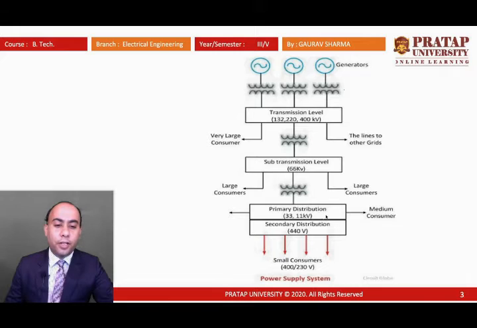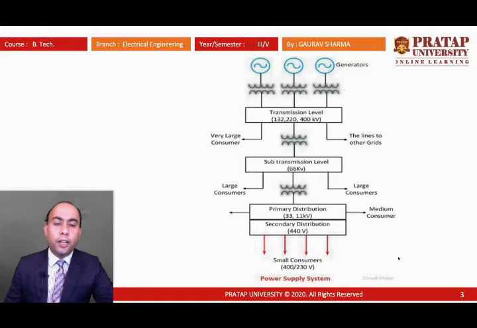At 33 kV we are sending directly to the mid-sized consumers, and the 11 kV we are again stepping down to 440 volt, which we are giving to our distribution system, which we use directly outside our home, as approximately 230 volt, which we are using in our homes.